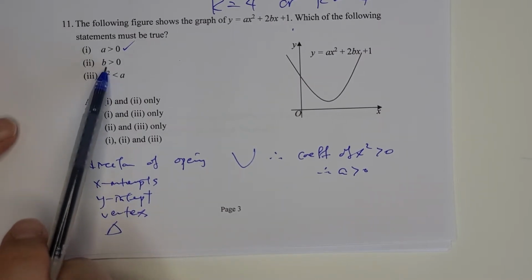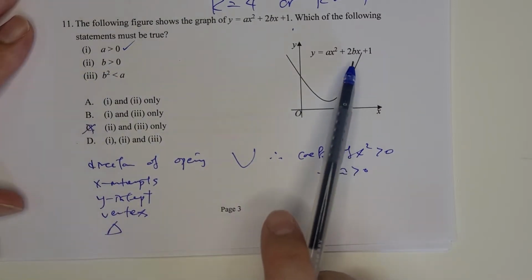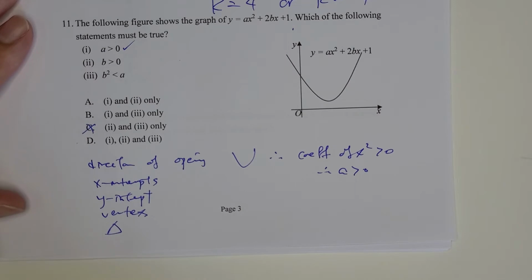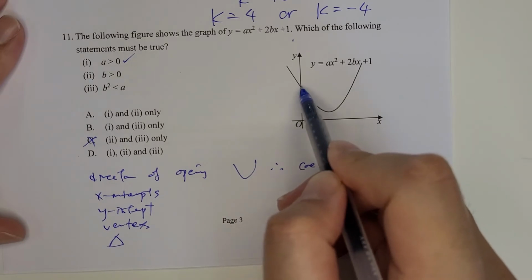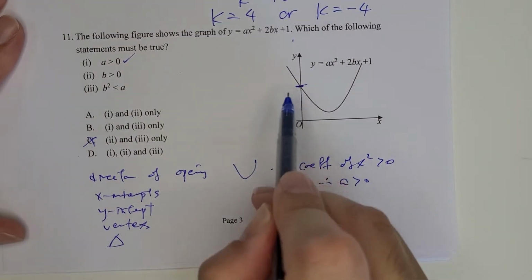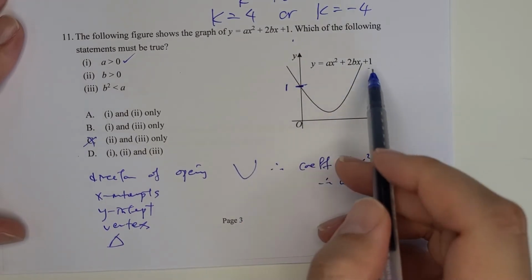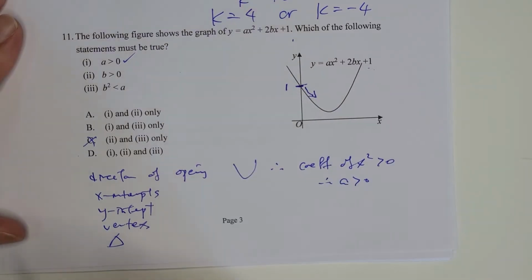For the second one, what you need to do is check whether b is positive. Okay, so that's the trick. When you are looking at the y-intercept, the position is here, and you know that it should be 1, the constant term. See, it is sliding downward.